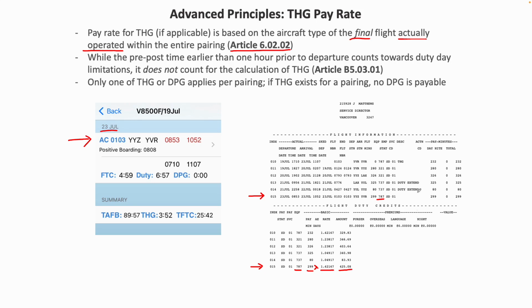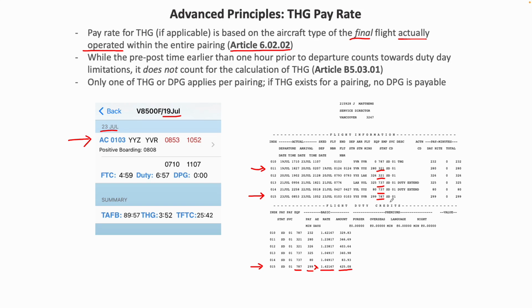So you'll notice that for most of this pairing, actually, it started on July the 19th. So the very first actual flight leg is represented by index item 11. I flew on a 321, and then on a 321 the next day, a 737 on the third day, and the 787 was on the very last day, the fifth day, coming back to base.